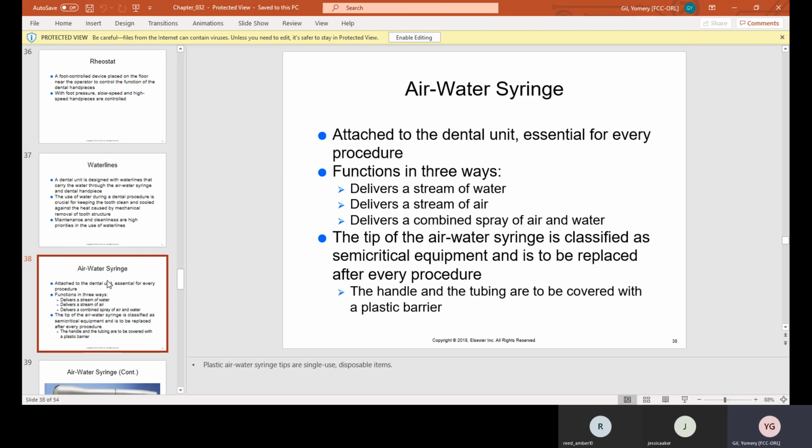Air, not so much. Well, sometimes if you use air to blow your temporaries or anything like that, if you blow it too hard and you're not holding the temporary correctly, it'll blow it right out of your hand and probably into the sink and down the drain, and then you have to start over again. That has happened to me more times than I care to say, but it does happen.